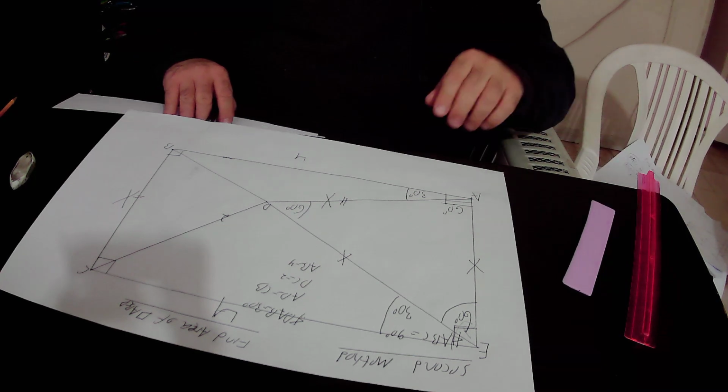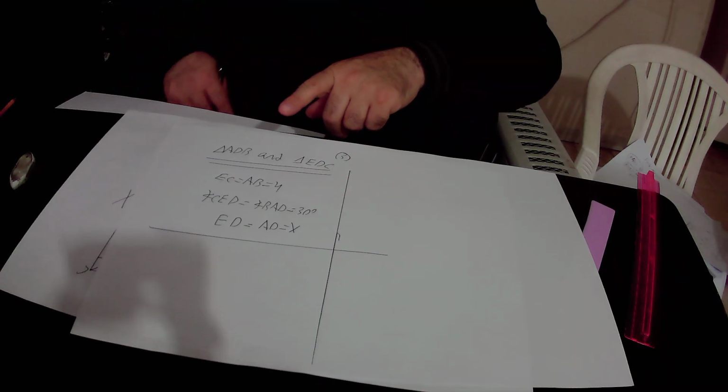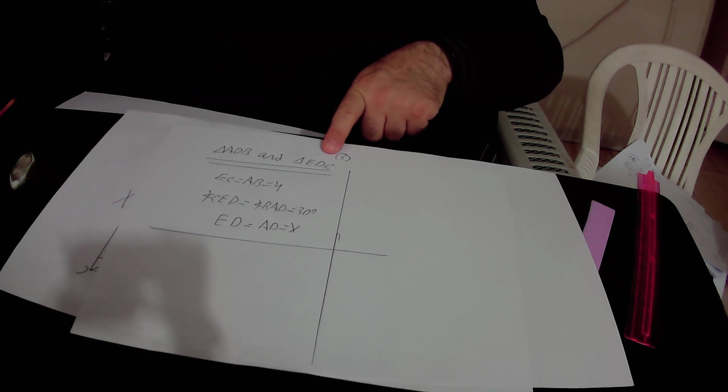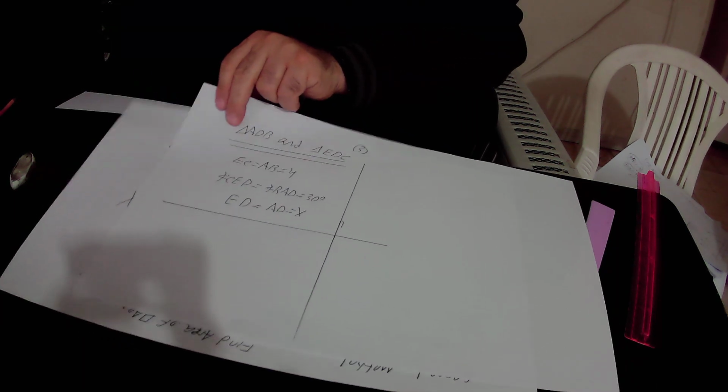So actually we found out that triangle ADB can go into triangle EDC according to the side angle side rule. I write it down.